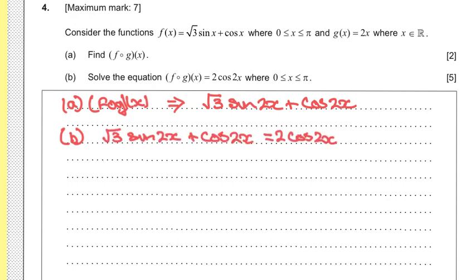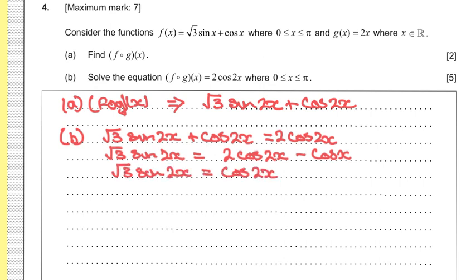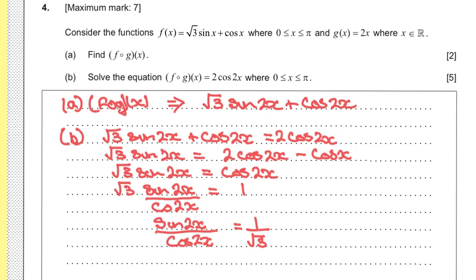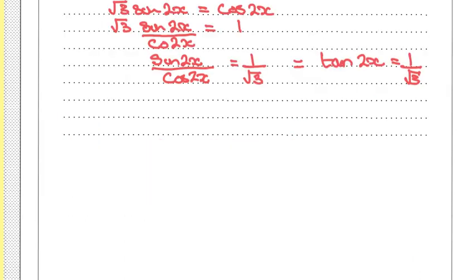So therefore we have root 3 sine 2x plus cos 2x equals 2 cos 2x, which gives root 3 sine 2x equals cos 2x, rearranging to give us root 3 sine 2x over cos 2x is equal to 1, rearranging a little more to give us sine 2x over cos 2x equals 1 over root 3, which is tan 2x equals 1 over root 3.